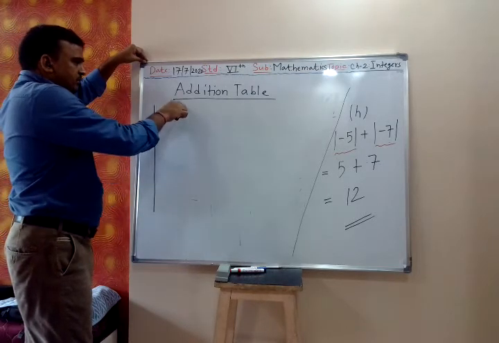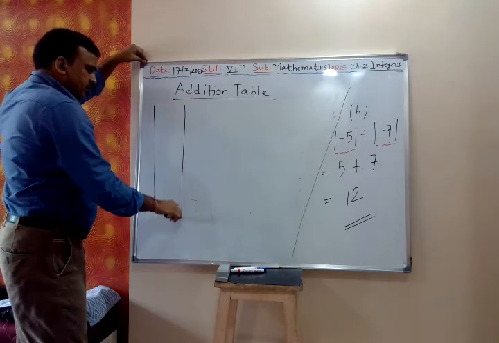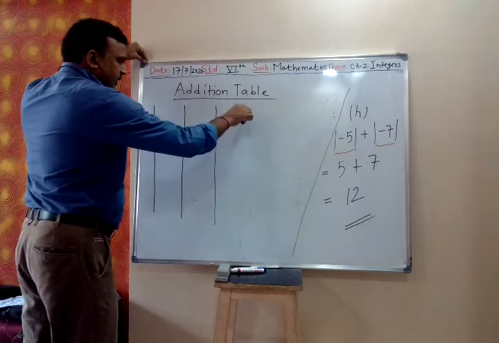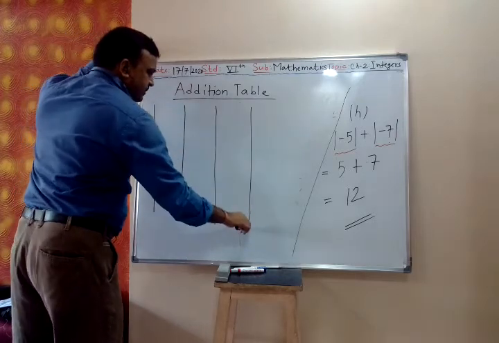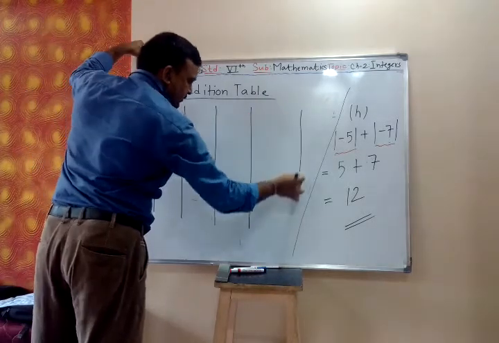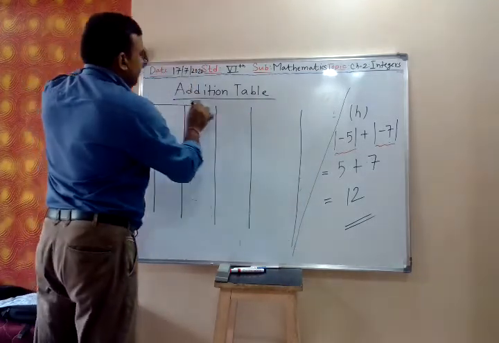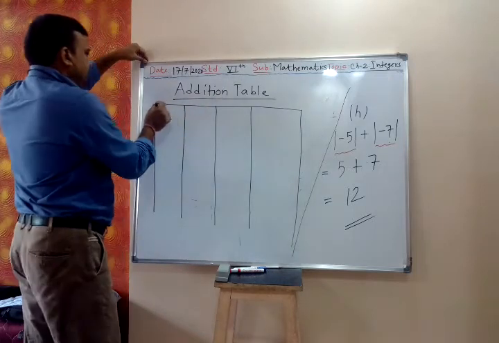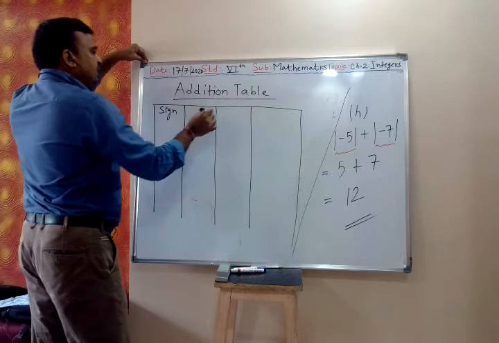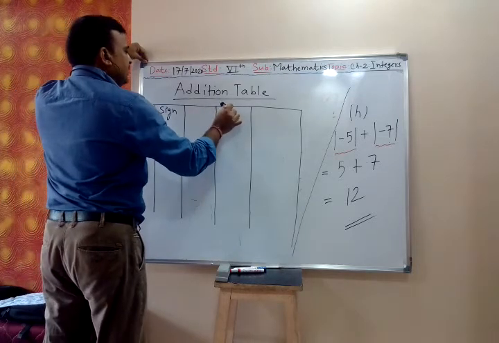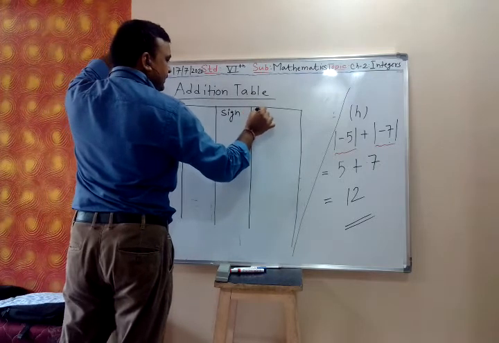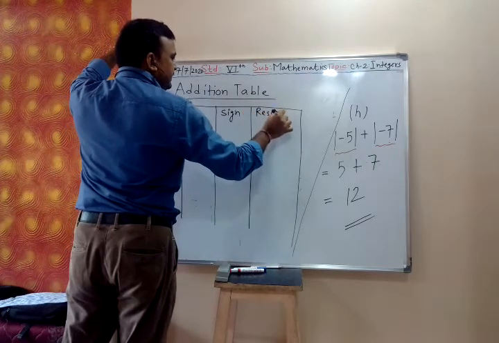Make four columns. Then in the first column we write sign. Then we write sign, then we write result. Sign, result.